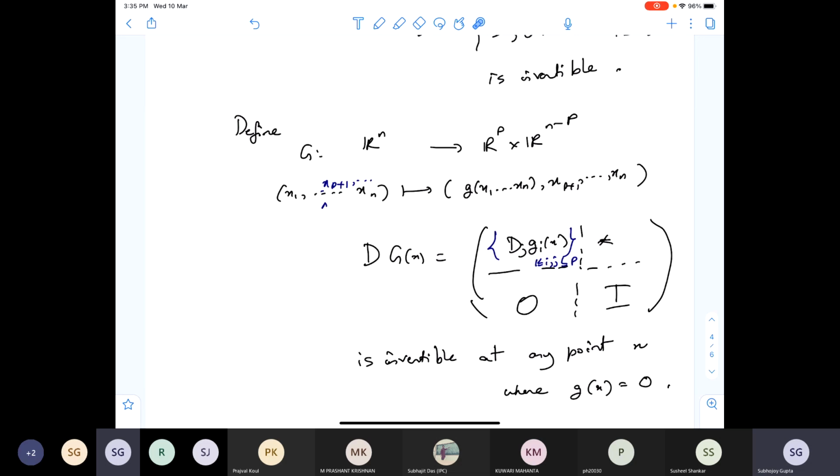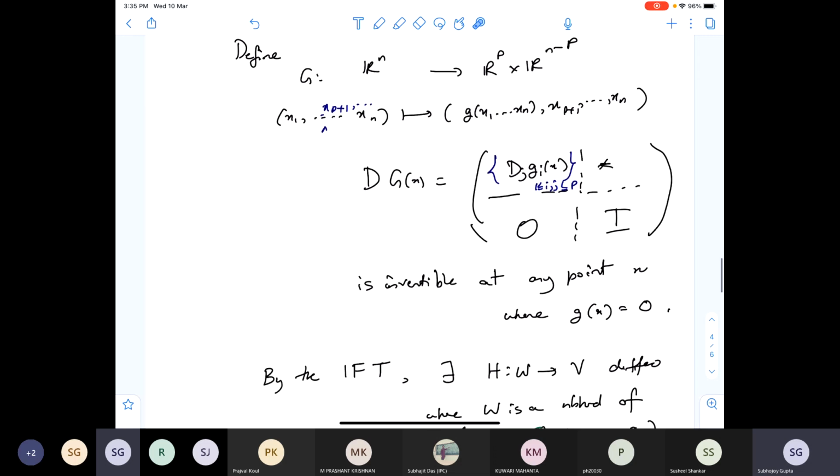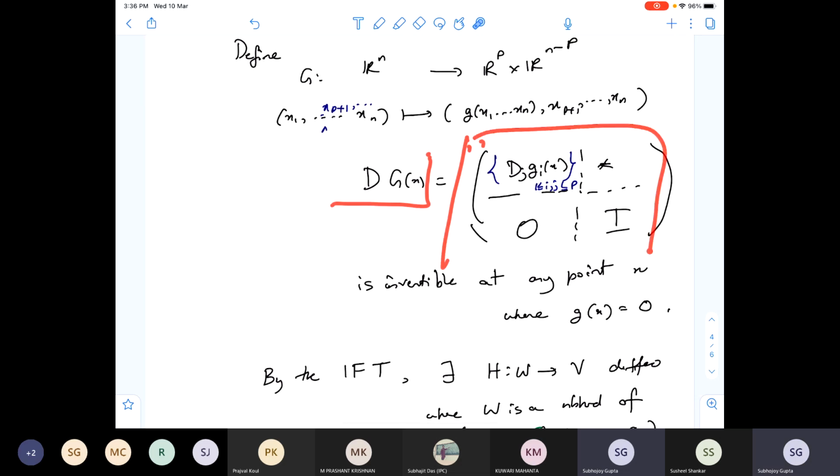This is what the total derivative for this map G would look like, and you see that this is also invertible at any point where g of x is equal to 0, because then this part would be invertible, and that would make this whole thing invertible, right? The determinant of this matrix is the determinant of this submatrix times the determinant of the identity map, which is just 1.